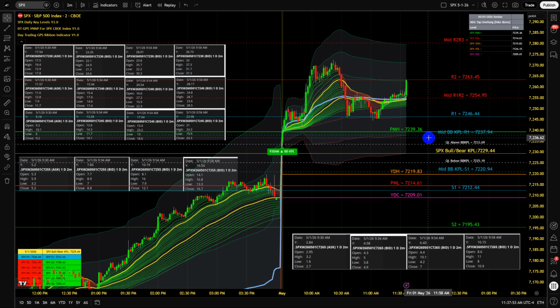Then you will have other breakout days where price will move beyond R2 or S2 and will have a 3, 4, 5, or even 6 level move. But in 80% of the sessions, you will see price contained within a 2 level extension from the BBKPL in both directions, so up to R2 or down to S2. So the minimum threshold being the 1.5 level move, and then the minimum ideal threshold being the 2 level move.